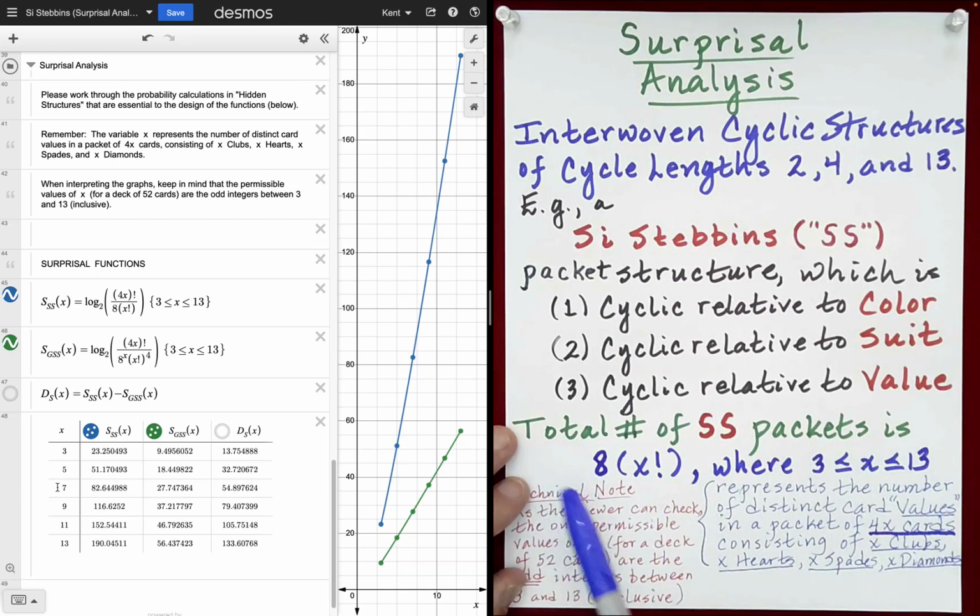Now, the total number of SS packets is 8 times x factorial, where x is an odd number between 3 and 13.